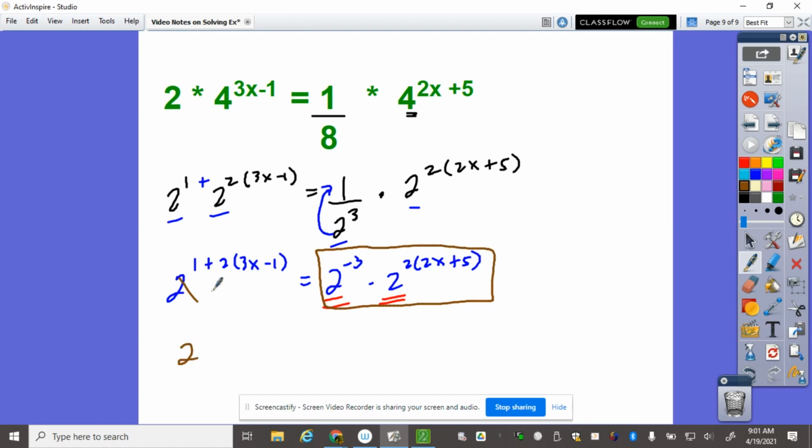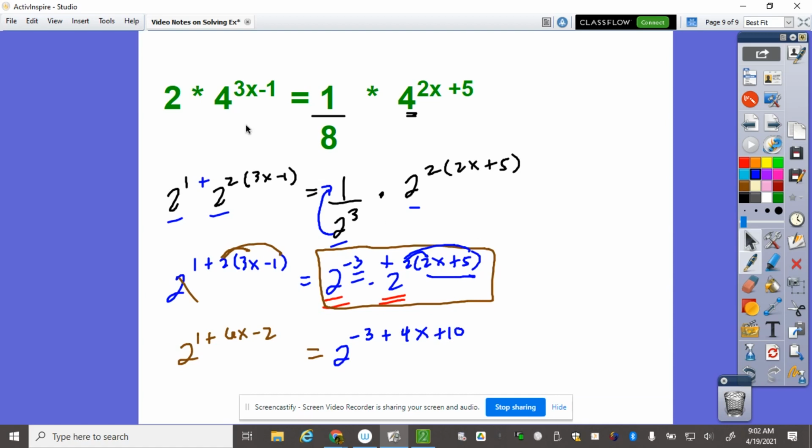So this will be now, let's simplify this one here. This will be 1 plus, distribute this 2 here, gives us 6x minus 2 is equal to, now here, what can we do with the negative 3 and with this? We're going to add them, 2 to the negative 3 plus, I'll distribute this one here now, 4x plus 10.